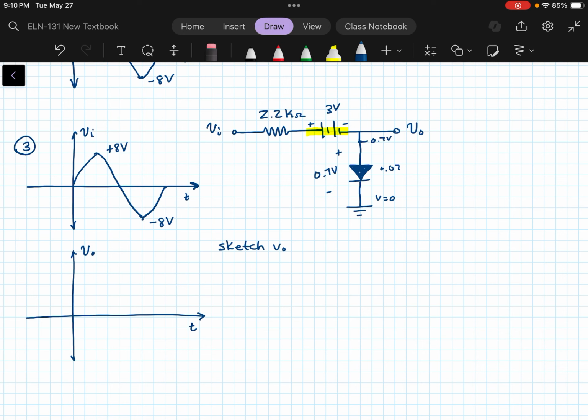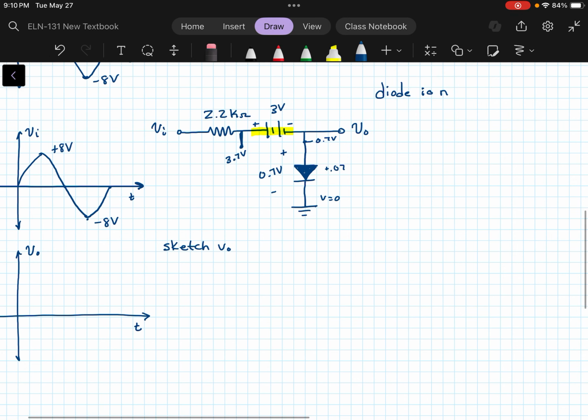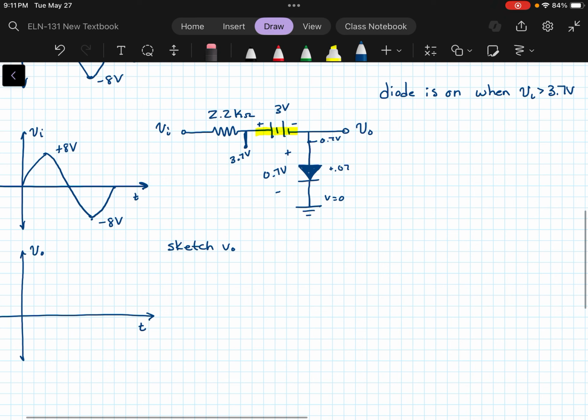And then going back to the left, we would add 3. So right here, we would have 3.7 volts. So the diode is on when V in is greater than or equal to 3.7 volts. I'll just say greater than.